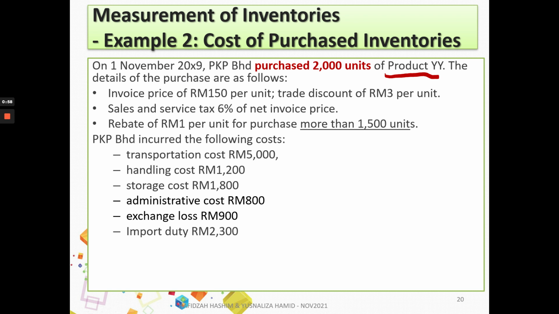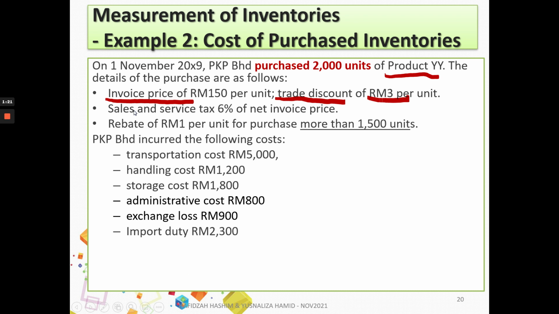You have the invoice price, also known as the list price or purchase price. This is 150 per unit, so you need to be careful with the units given, because we purchased 2,000 units. The trade discount was also 3 ringgit per unit, so this has to be deducted to arrive at the cost of inventories.